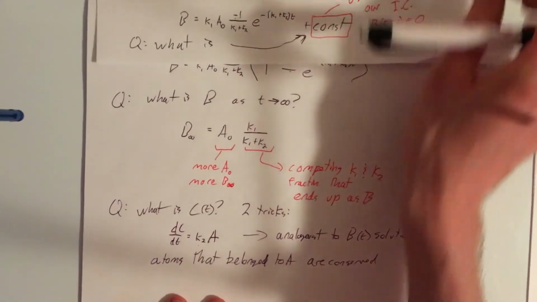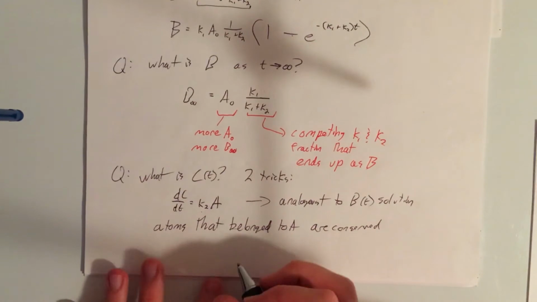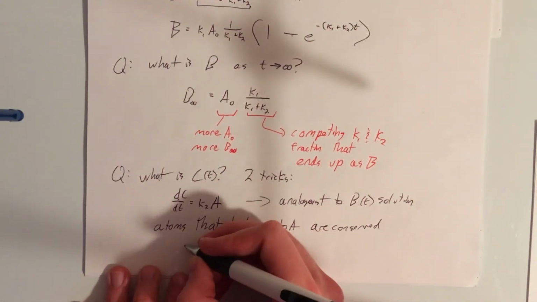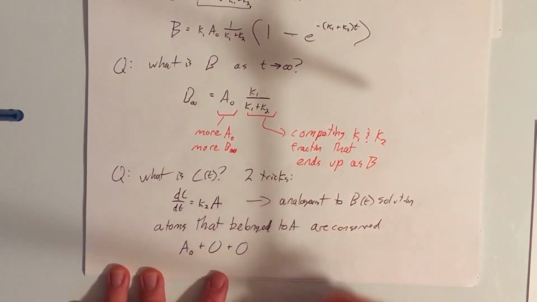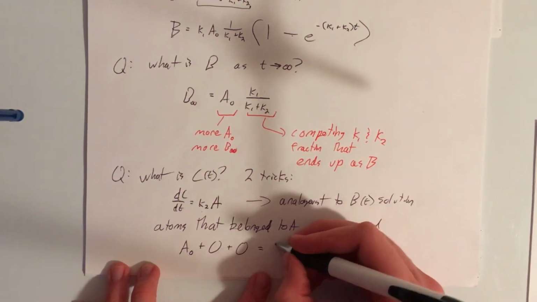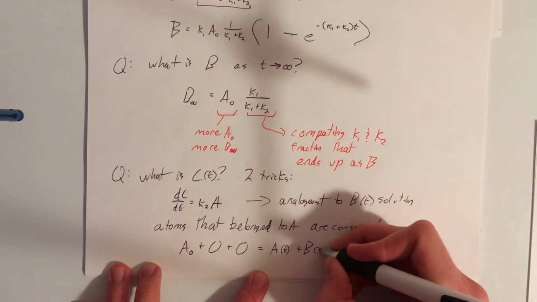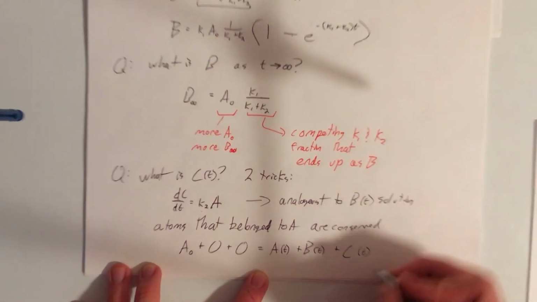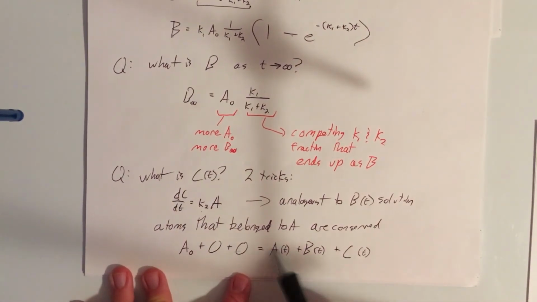We need to worry a little bit about stoichiometric coefficients, but if 1A goes to 1B, 1A goes to 1C, then our initial amount of A plus however much B we started with, plus however much C we started with, is going to equal however much A we have at some future time, plus however much B we have at that future time, plus however much C we have at that future time. So basically all the atoms that we started with have got to equal all the atoms that we ended up with. They're just rearranging themselves.